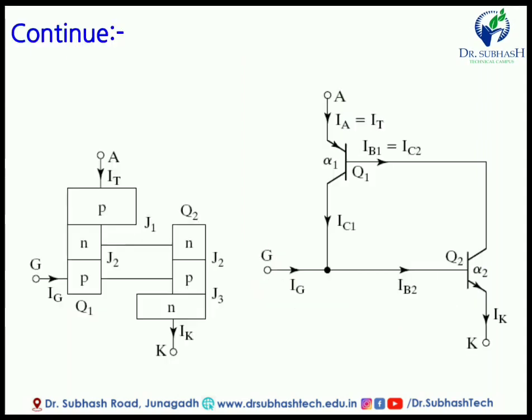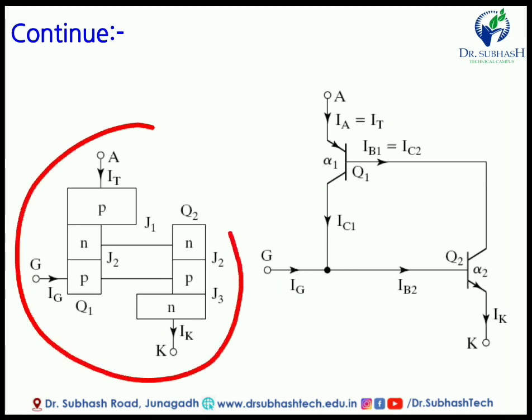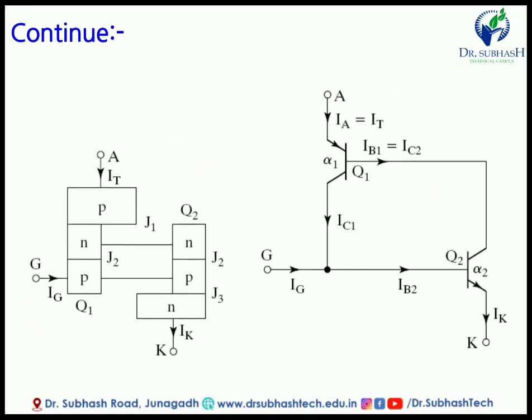This circuit we have already discussed in the previous slide. Now in symbolic form, we apply the symbols to this PNP transistor and NPN transistor like this. Here IA, the anode current, is equal to the thyristor current. In this transistor, this is the emitter terminal, this is the collector, and this is the base.